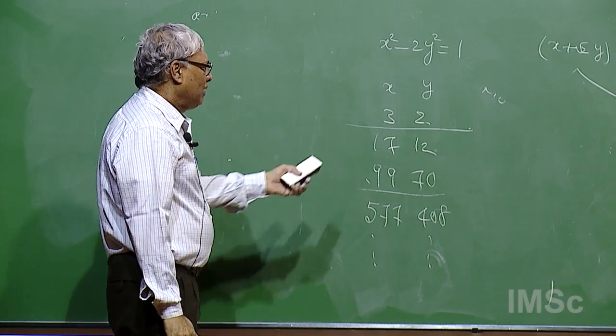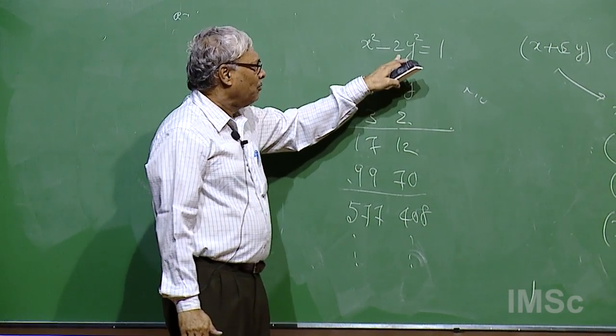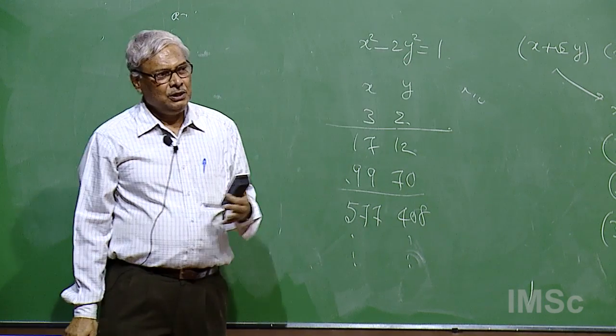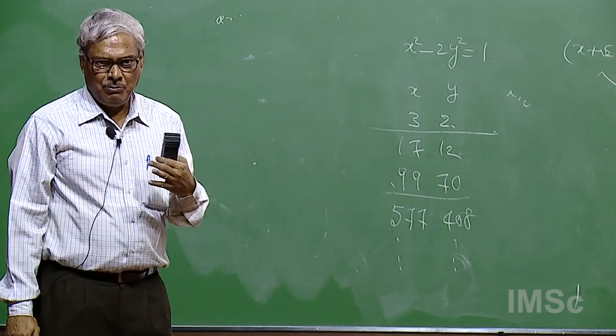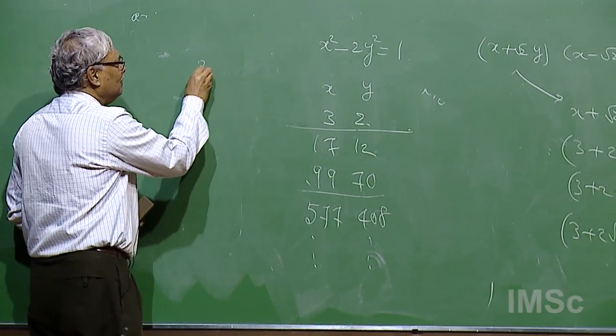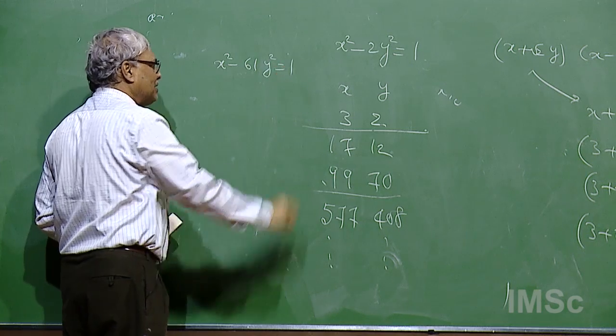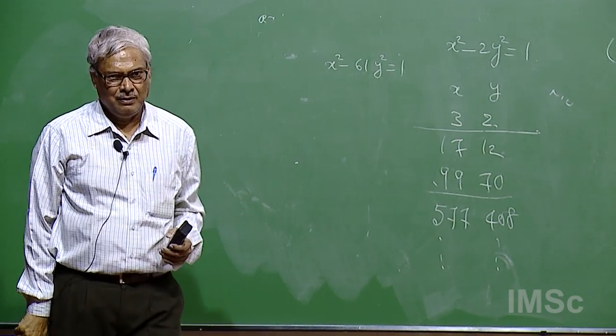In any case, finding the simplest solution may be somewhat easy for small numbers like 2 here, but if you have other numbers, it may turn out to be very difficult also. So, for example, Brahmagupta wanted at one time to solve this equation x squared minus 61 y squared equal to 1.